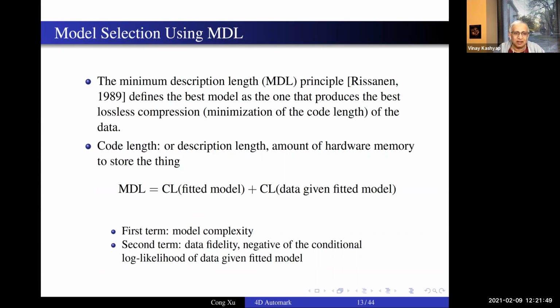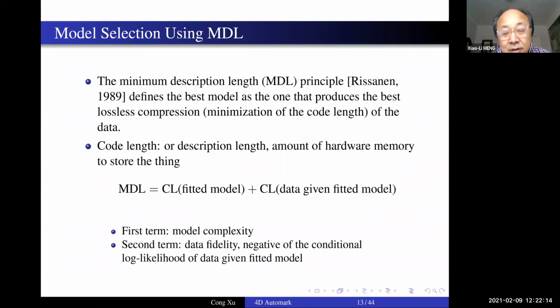Is that guaranteed? Yeah, usually there is a trade-off between these two terms, so usually we can use that one to compare different models. So is this like a bias variance trade-off? Yes, that's true. Okay.